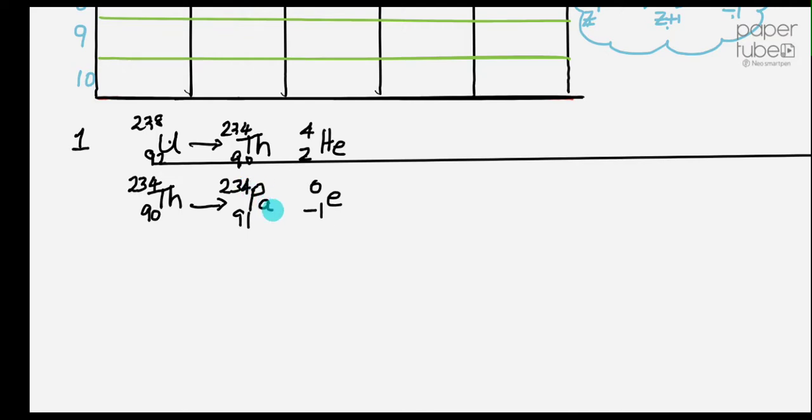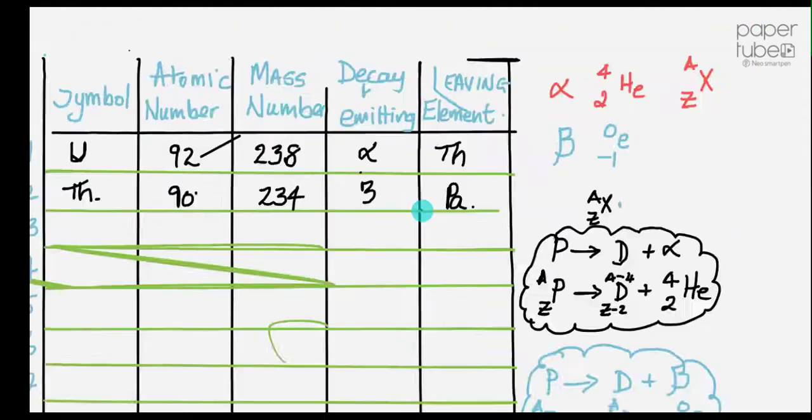Fair enough? So you then go back up here and you fill it in. So then you go to the next one, number 3, and it says Pa, atomic number 91, atomic mass number 234, and it's going to emit a beta particle.